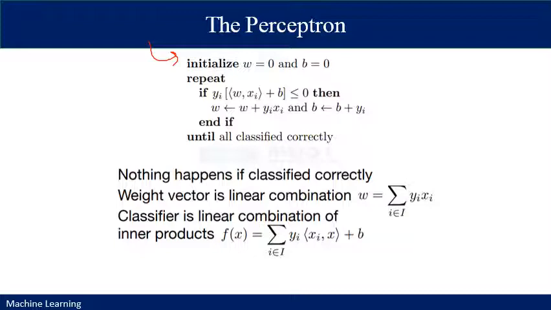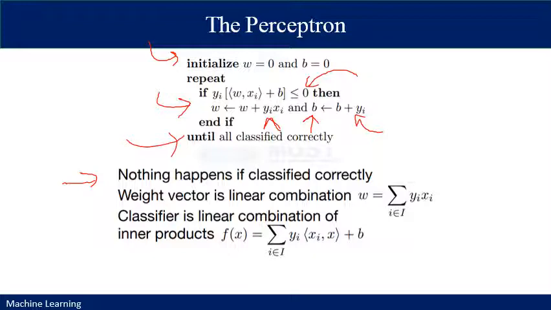If the calculated value of your perceptron is less than 0 or any other threshold, you update the weights based on the prediction, and you update the bias based upon the actual value, and you end the loop when all of the examples are correctly classified. Nothing happens if all the examples are classified correctly.